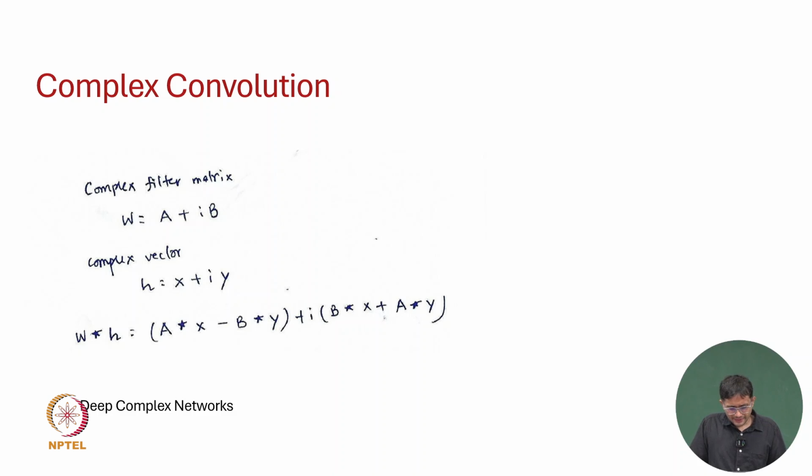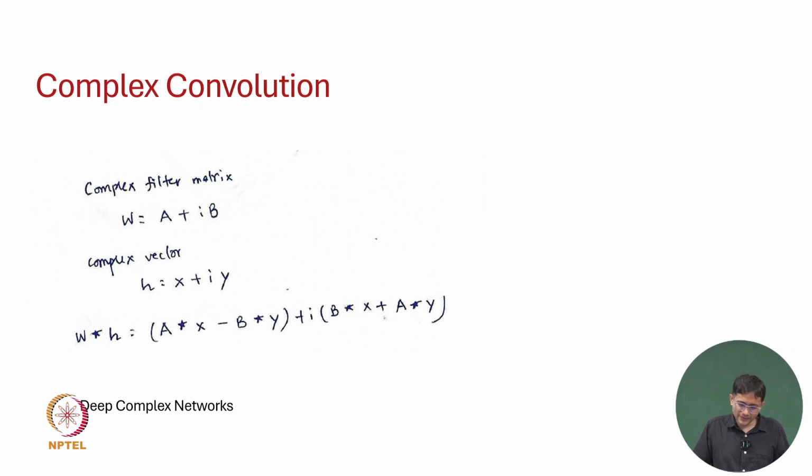You see the real term in the output is A convolve x. So from our two inputs, W and h, A and x are the real parts, minus B convolve y. B and y again are the imaginary parts. Real, imaginary, imaginary.